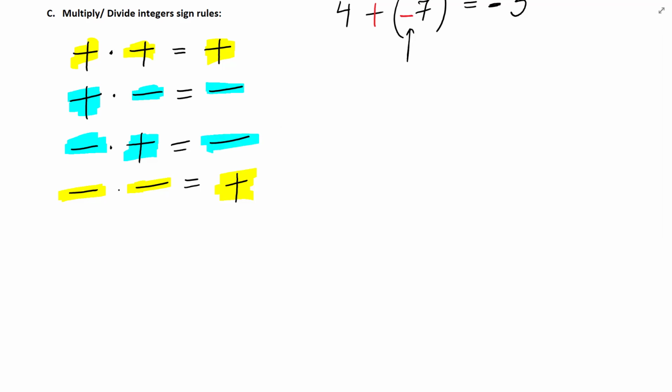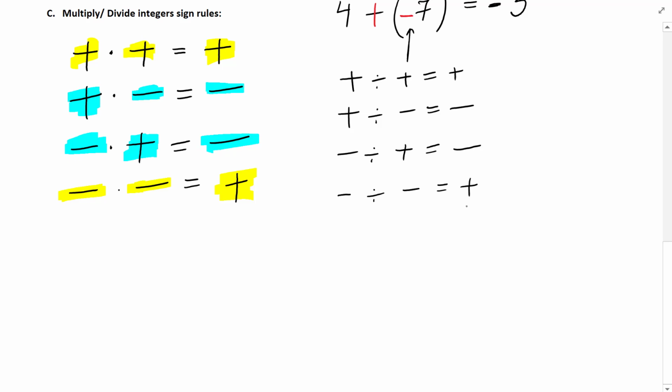And the same applies for division. Positive divided by positive, it's positive. Positive divided by a negative number, it's negative. Negative divided by a positive number is negative. And negative divided by negative is positive. So 14 divided by 2, it's 7, right?